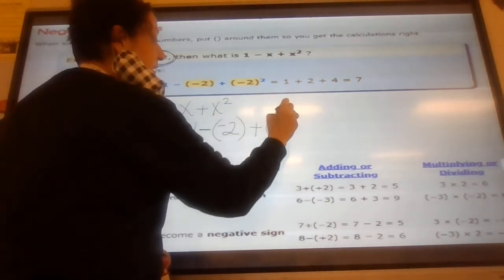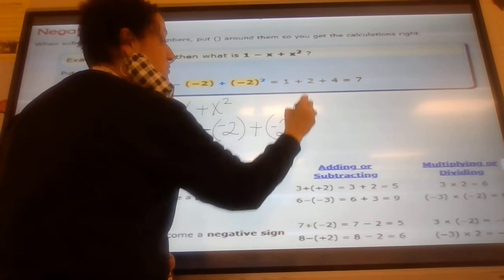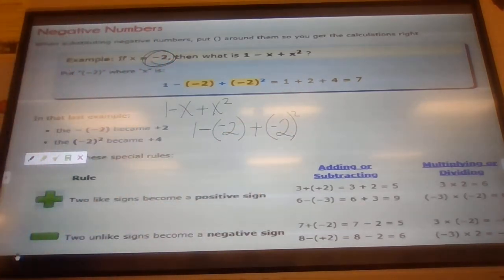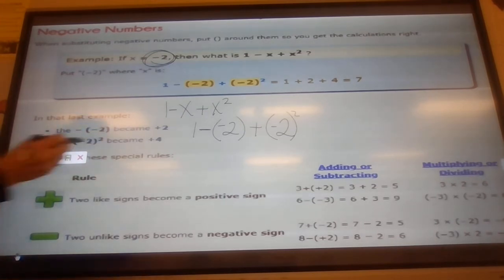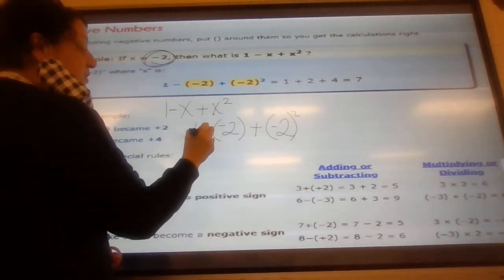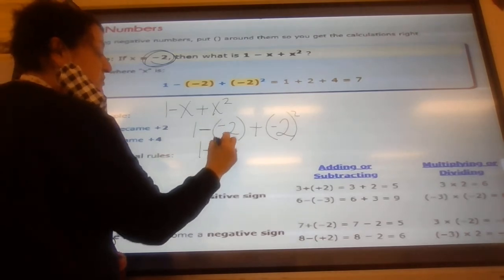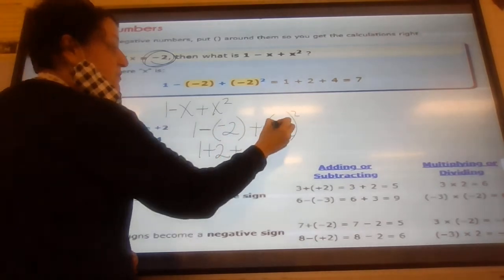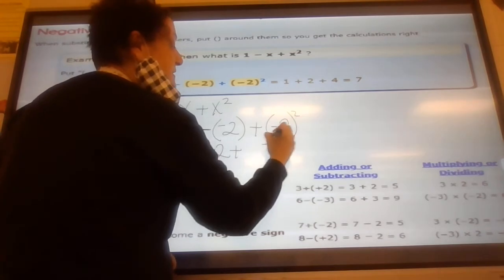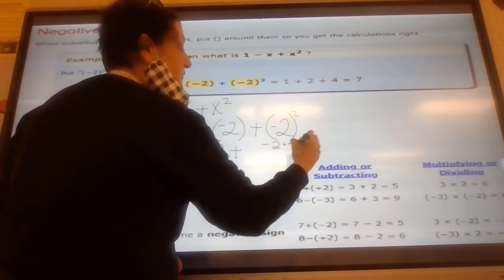Plus negative 2 squared. Okay? Does that make sense? Yes. So 1 minus negative 2 is 1 plus 2, plus negative 2 squared is negative 2 times negative 2, which is a positive 4.